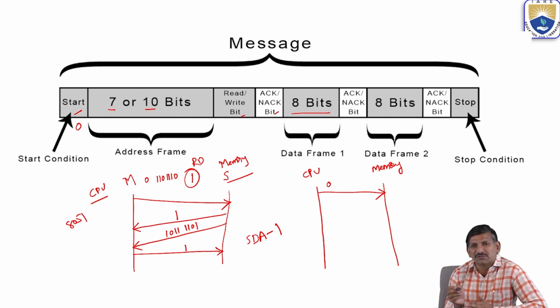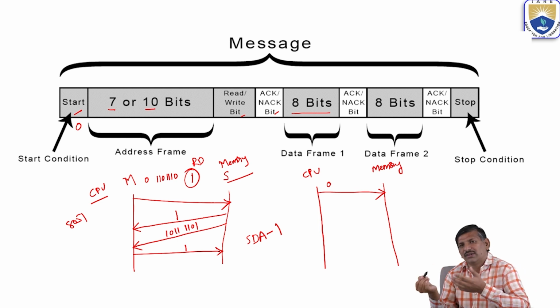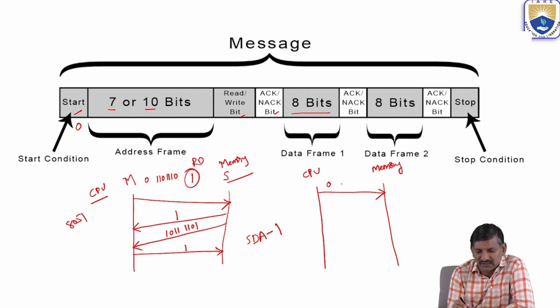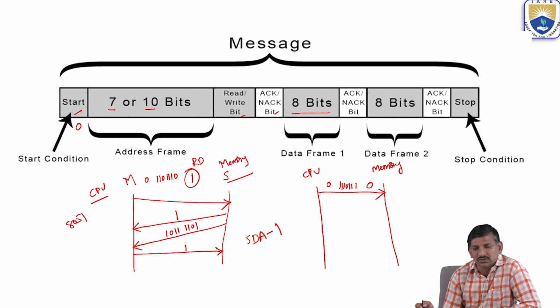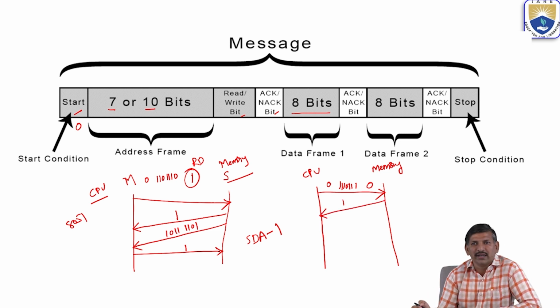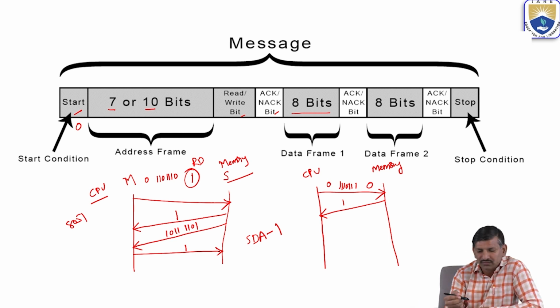So the 7-bit address defines in which memory device it wants to store the result. Since it wants to write the data, that bit is 0. After getting the request, the memory device sends acknowledgement: I am ready to accept the data. Then the CPU sends 8-bit data.